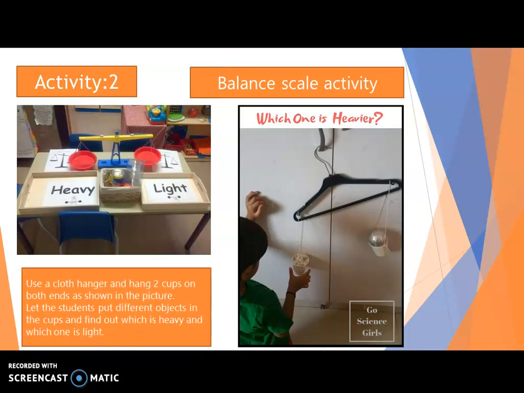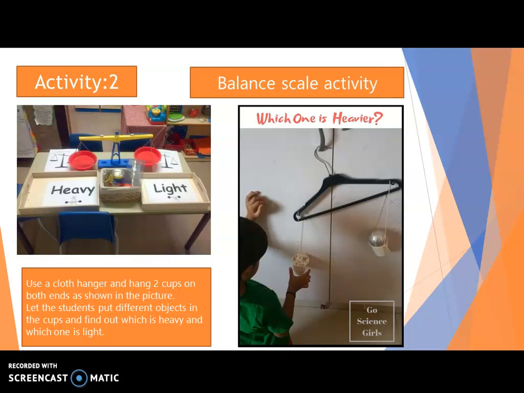Using the cloth hanger, hang 2 cups on both ends. Now put different objects and find out which is heavy and which one is light. You can compare the two objects, which is heavy and which is light.